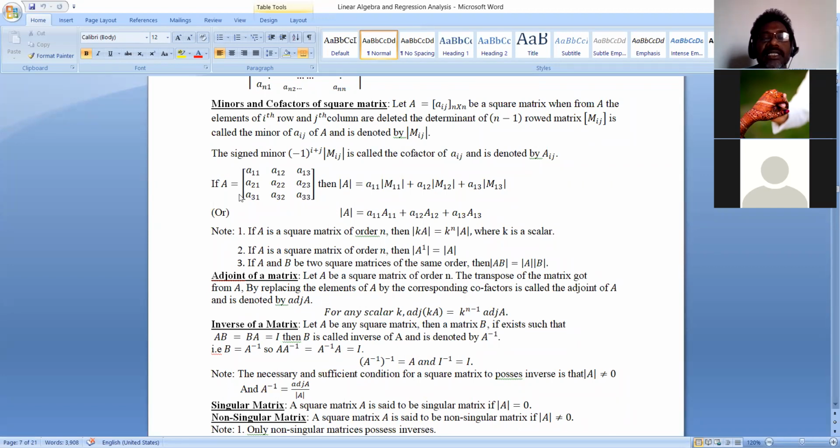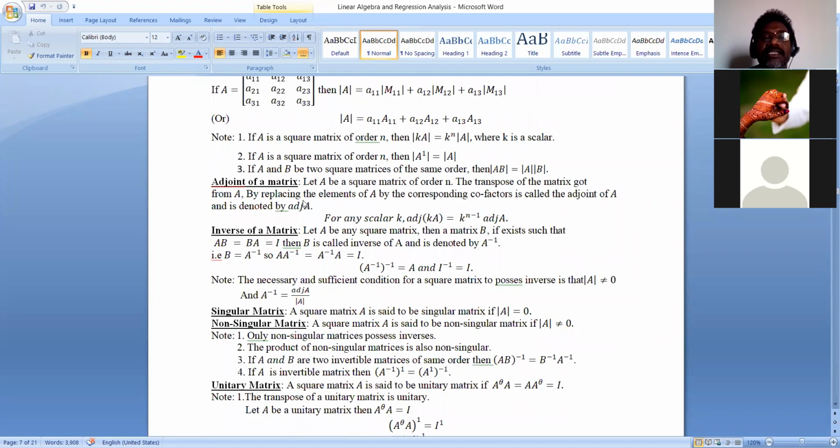After getting the transpose, the elements are replaced by their cofactors, that is (minus 1) power i plus j into Mij, where i is 1 to 3 and j is also 1 to 3. Replacing those values with cofactors, we get the adjoint of a matrix. This is already known to you from 10th class up to your intermediate.